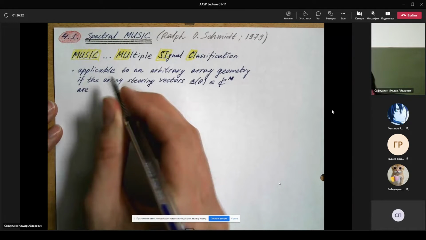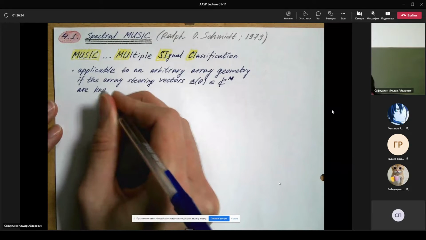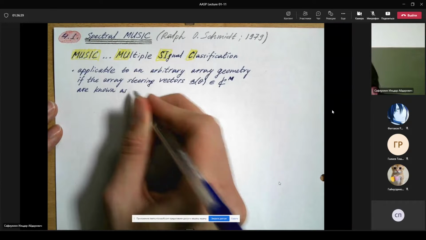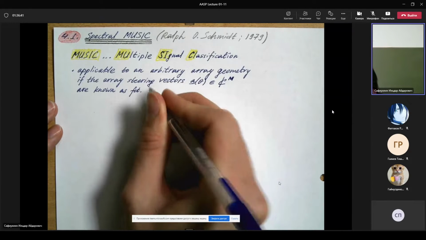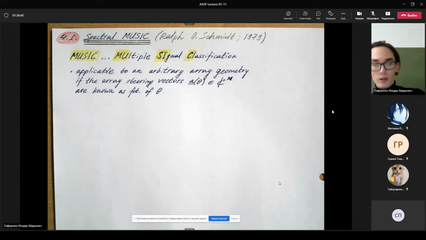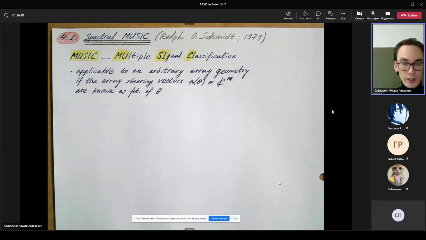Which means we have complete knowledge of the array manifold.